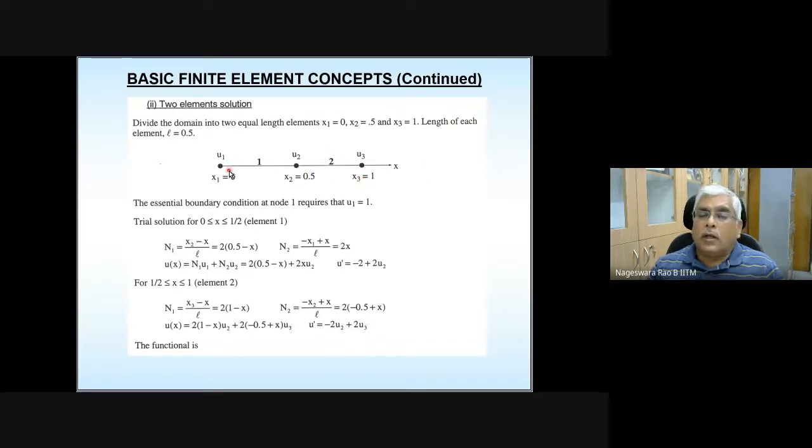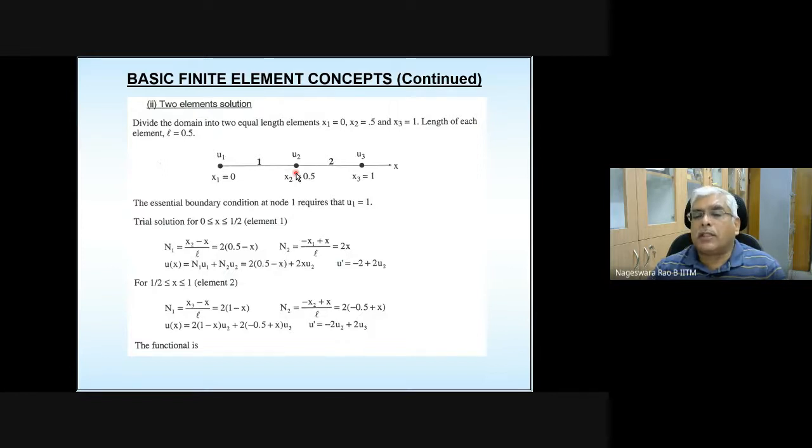So element 1 is taken from 0 to half, element 2 is taken from half to 1. If you want three elements, you can have three elements, not necessarily all of equal length. It is not necessary that all the elements should be of equal length.